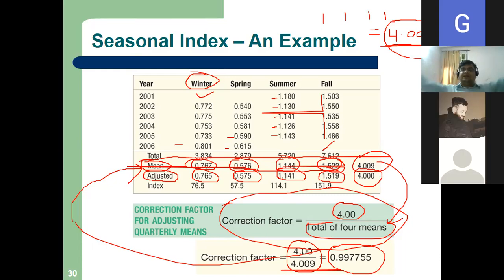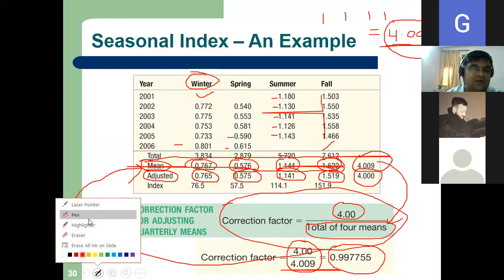Is it clear? Sir, in the mean we have to minus 0.99775. Not minus, multiply. Please write the steps if you want to write, or you will get this video, I will upload. You can see the steps. Already I have mentioned each one of the steps, how I have arrived at the index finally.